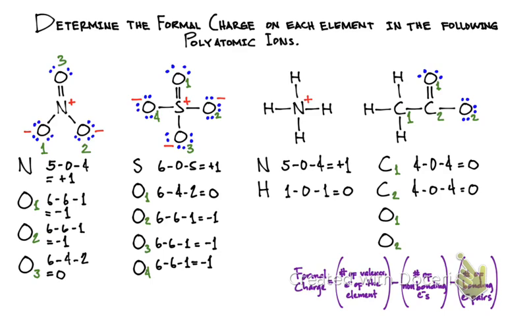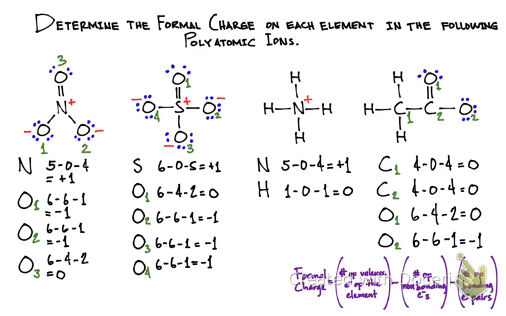The first oxygen up top will have 0 formal charge: 6 valence electrons minus 4 non-bonding minus 2 bonding pairs equals 0. On the other hand, this oxygen on the right would have a negative charge. So 6 minus 6 minus 1 gives it a negative 1 charge.